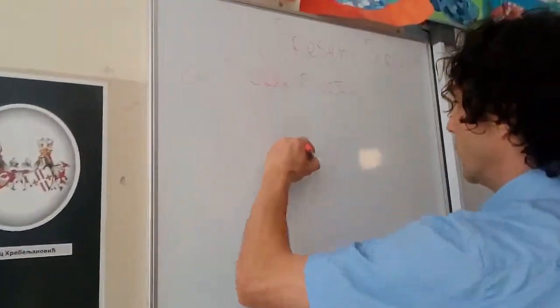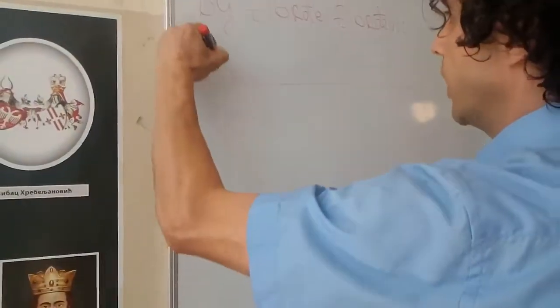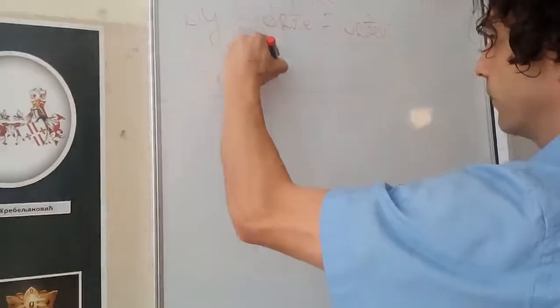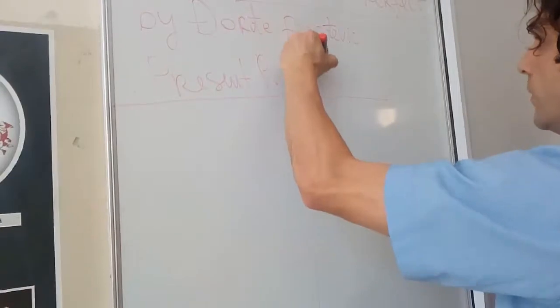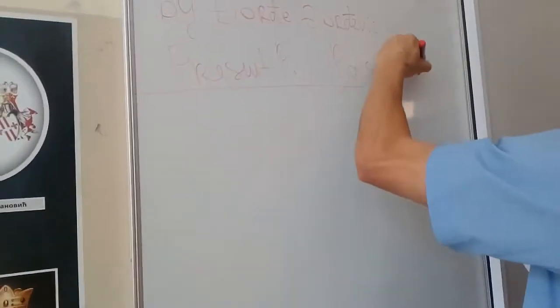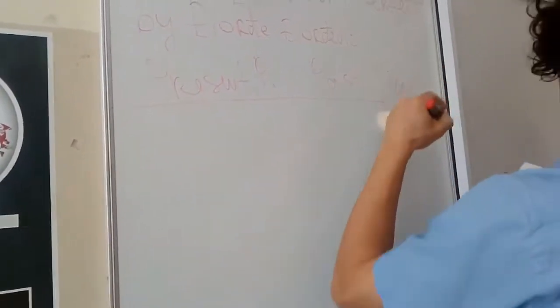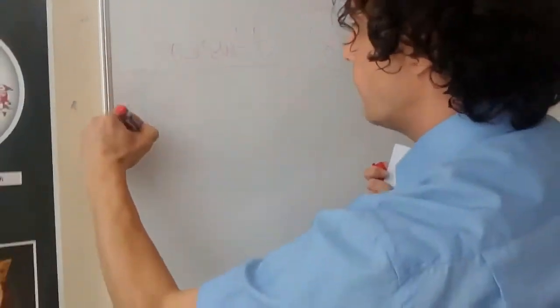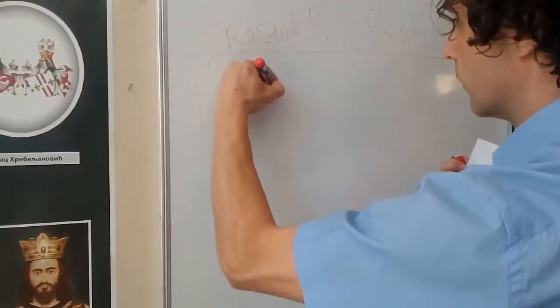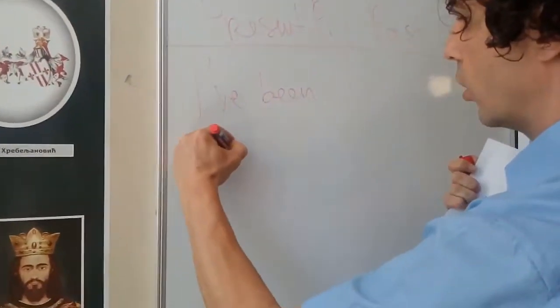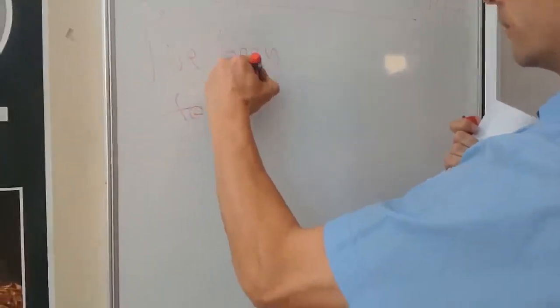For example, present perfect here, past simple here. I've been to Australia.